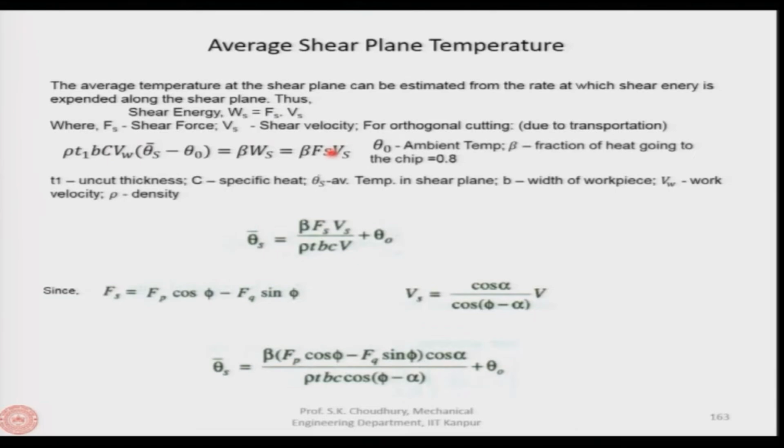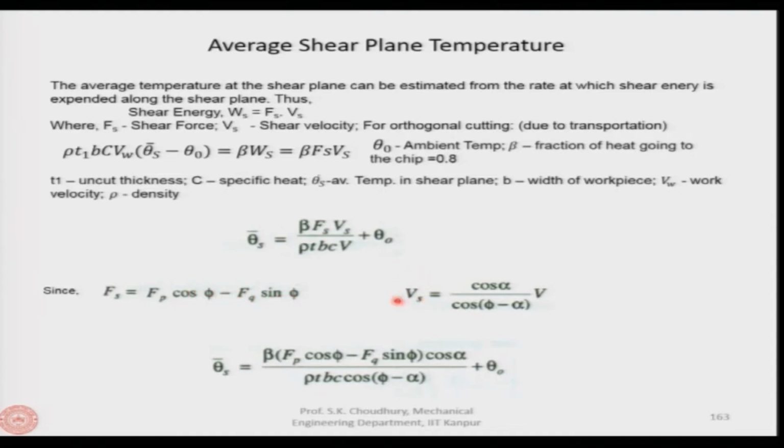From this equation we can find out the value of the average shear plane temperature. We put in the value of Fs, which from Merchant's analysis we have seen is the cutting force into cos phi minus the thrust force into sin phi.